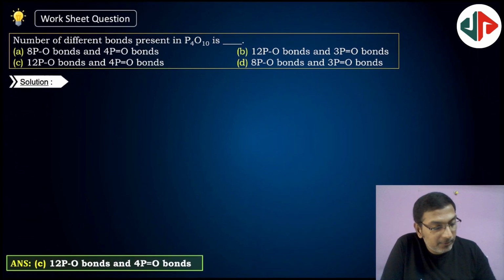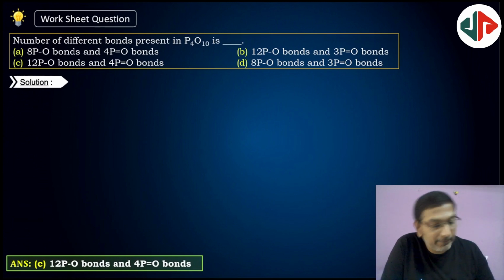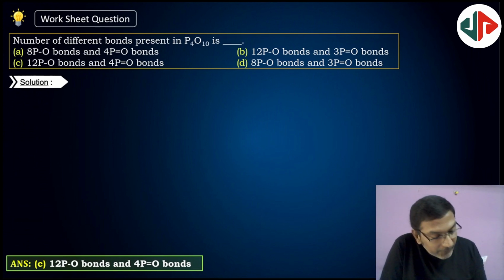So number of different bonds present in P4O10. So P4O10 can be written as, first write P4 like this.